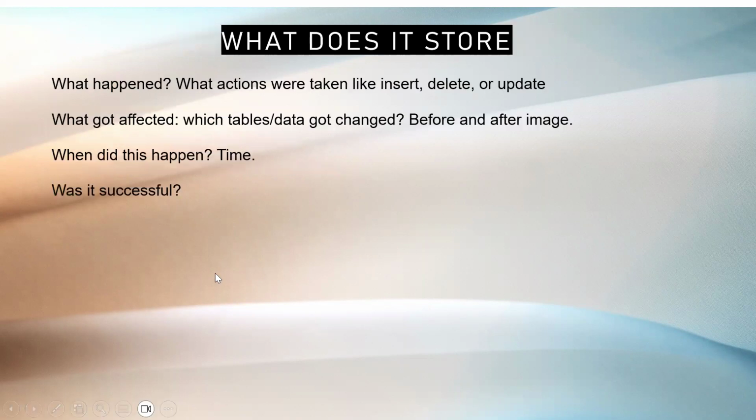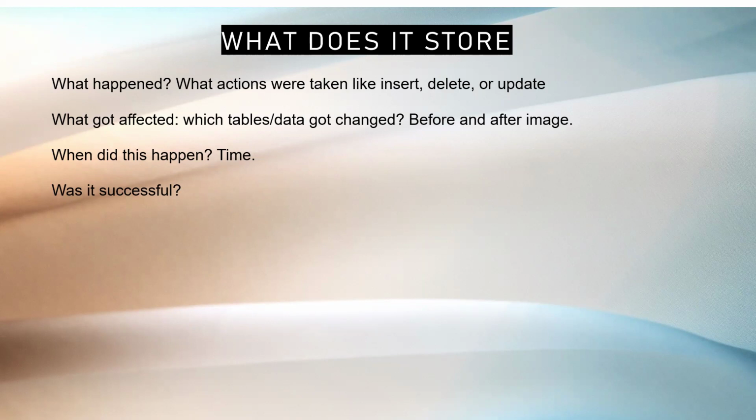Okay. So I'll just talk briefly about what it actually stores. A transaction log, or a buffer log, will store what is happening on your server, all the inserts, updates, and deletes. What is the data that got changed? It will keep the before image: what was the data before it changed? What is the after image?